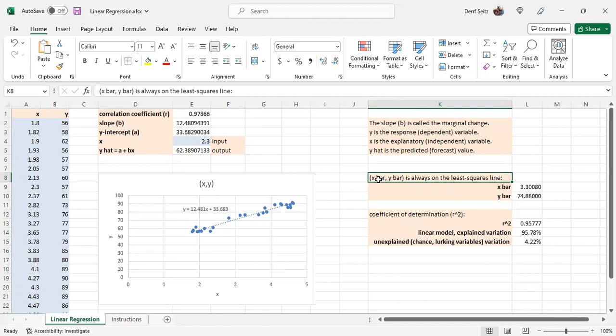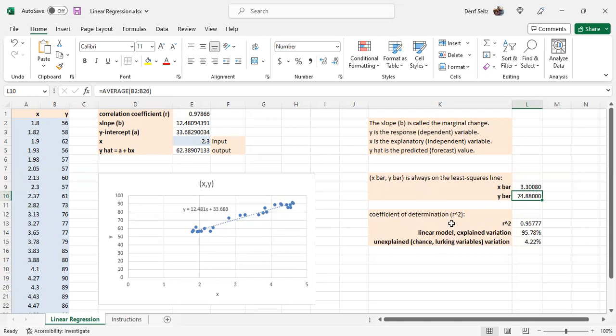The ordered pair X bar, Y bar, turns out, is always exactly on the least squares line. Those values are calculated here in the spreadsheet using the AVERAGE function, which calculates the mean. So we know that point is on the regression line.